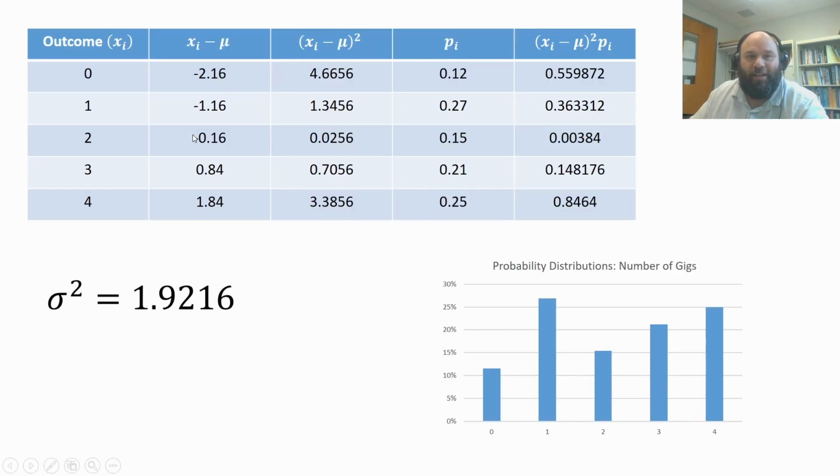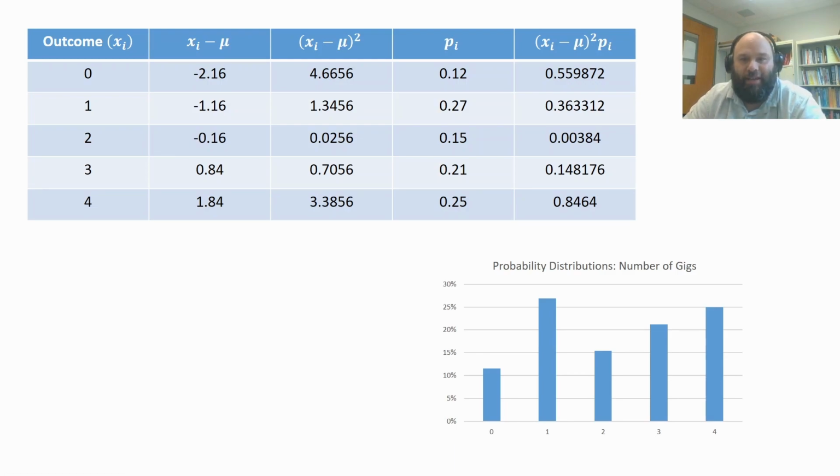So let's use our gig example to unpack this. With our gig example, the outcomes are 0, 1, 2, 3, or 4 gigs on a given weekend. The average, the mu, the expected value, was 2.16. So the first thing we do is subtract 2.16 from each outcome. 0 minus 2.16 is negative 2.16. 1 minus 2.16 is negative 1.16, and so on.